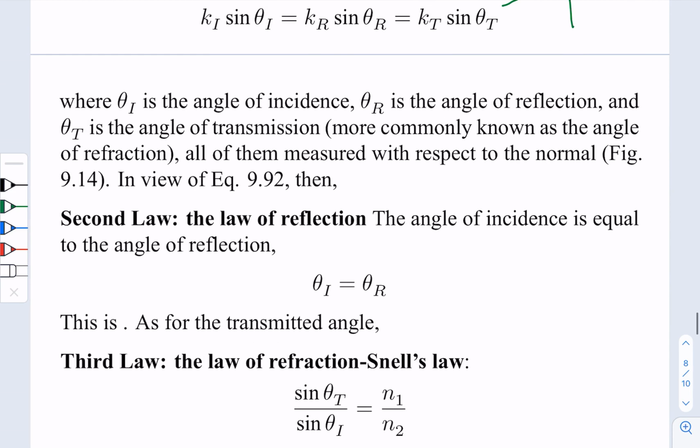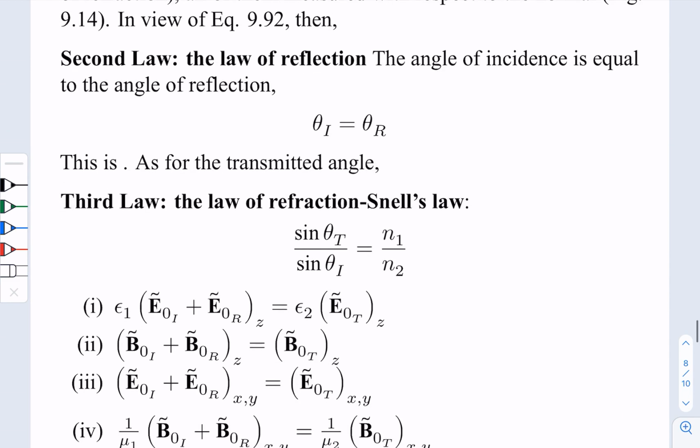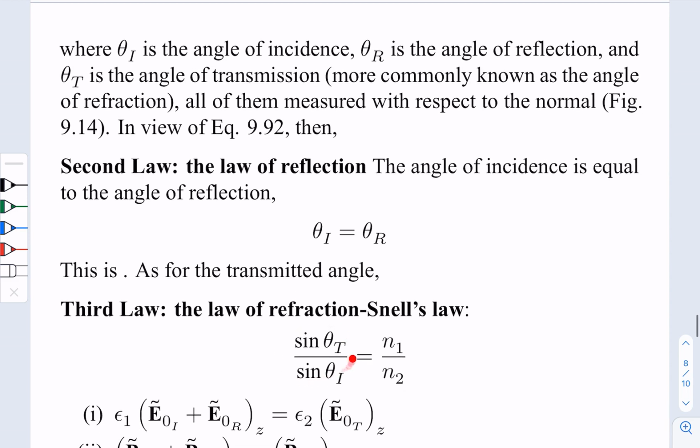So from this expression we can derive the third law, which is Snell's law: the sine of theta transmitted over the sine of the incident equals n1 over n2.